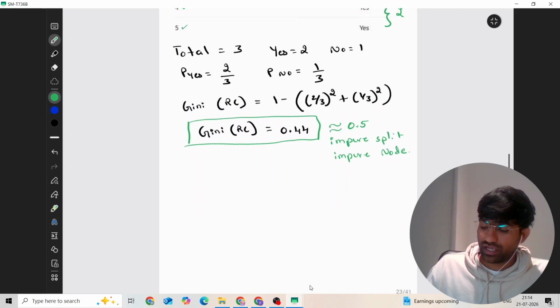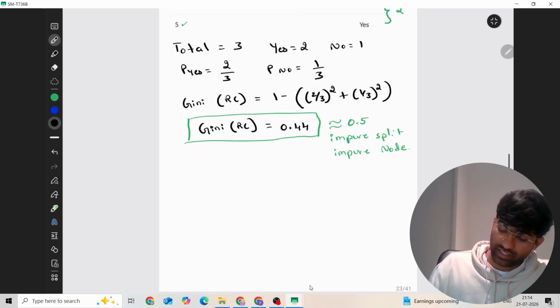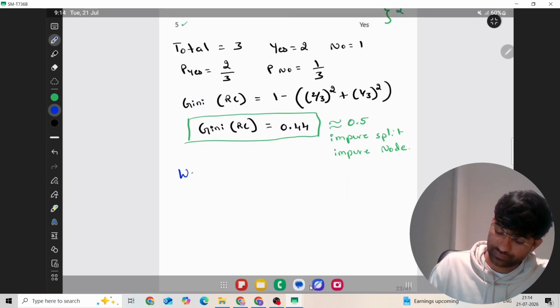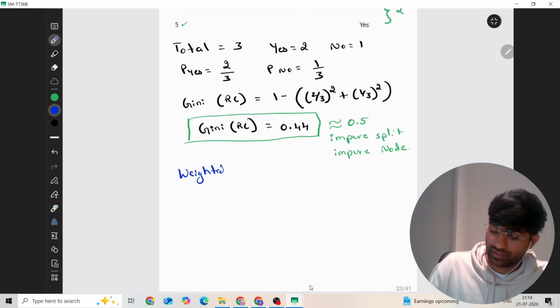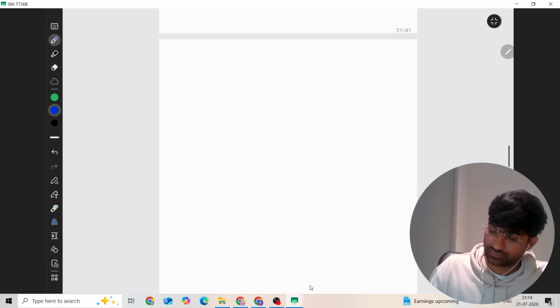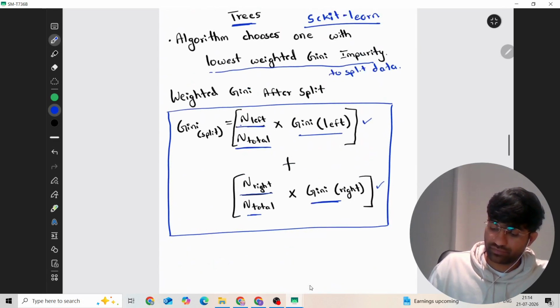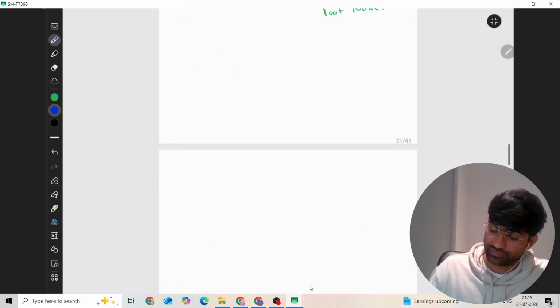So now we have to calculate the weighted Gini. Weighted Gini of study hours is n of left divided by n of total into Gini impurity of left child, plus n of right divided by n of total into Gini impurity of right child. I will rewrite the formula.